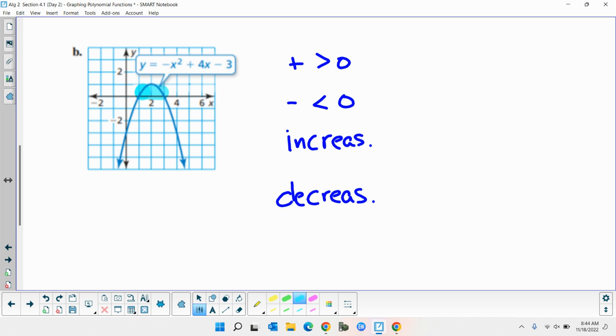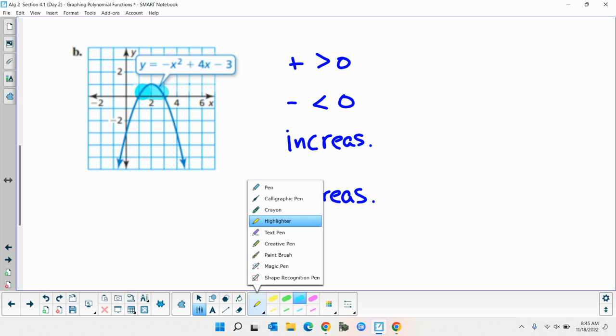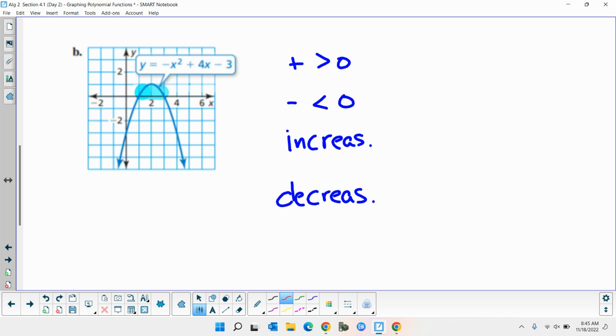That's where it's positive, right? So what numbers are those? What x values is it positive? What's this x value? What's that x value? 1, 2, what? 3, right? You guys see that? It's above from 1 to 3. Okay? So where's it negative?